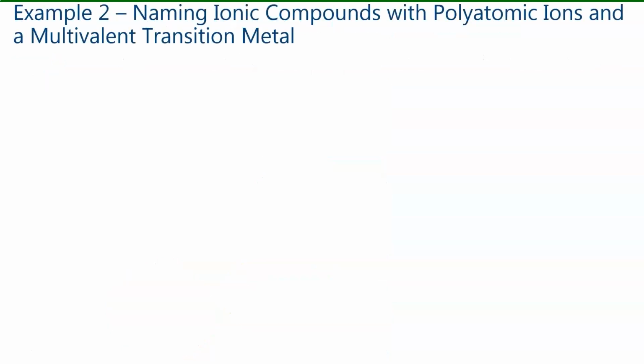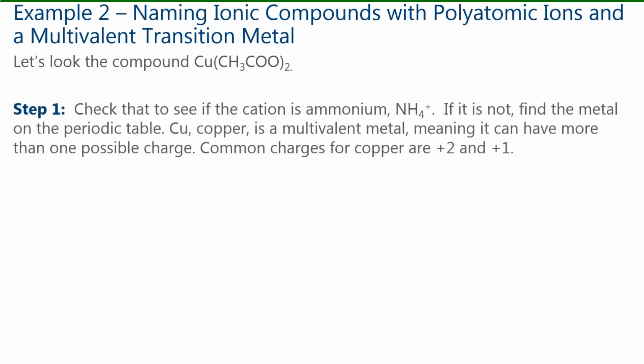Next, let's look at an example where the ionic compound contains a multivalent transition metal. Let's look at the compound Cu, and in brackets we have CH3COO with the subscript 2. The first step is to check to see if the cation is ammonium, NH4 positive. It's not, so then we're going to find the metal on the periodic table.